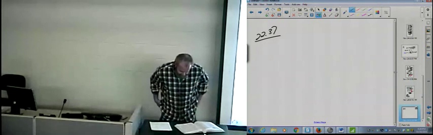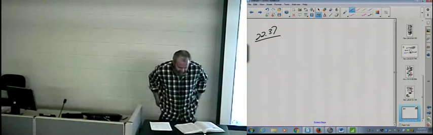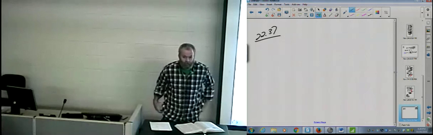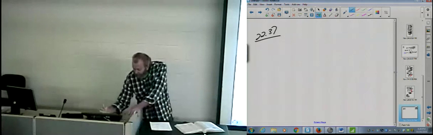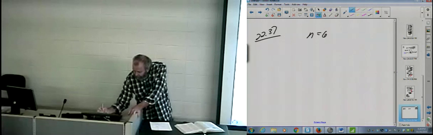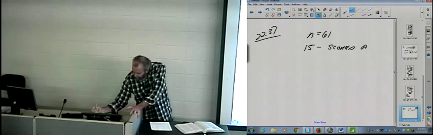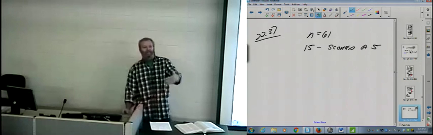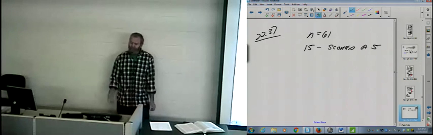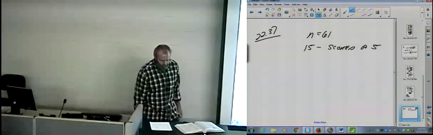It says, in 2010, 15 of the 61 students enrolled in his class scored a 5 on the AP exam. Nice. So you're looking at a sample here of 61, and 15 scored a 5. The success is that the student scored a 5. So your sample size here is 61.